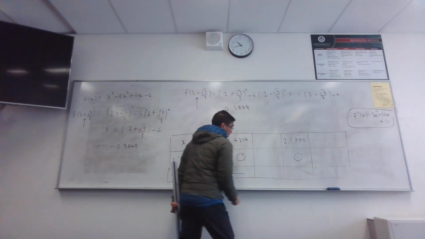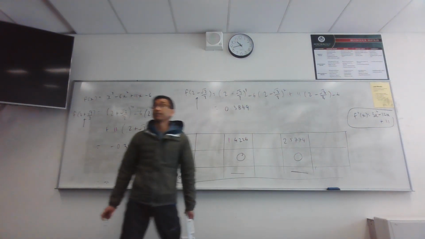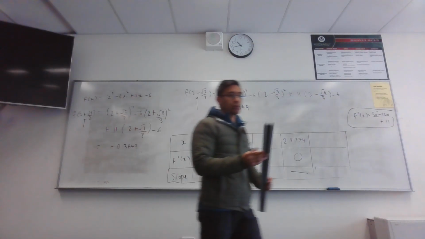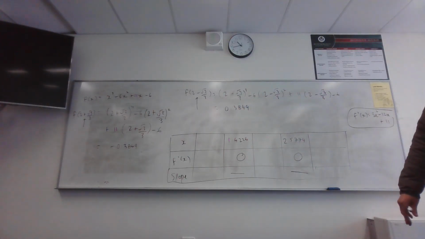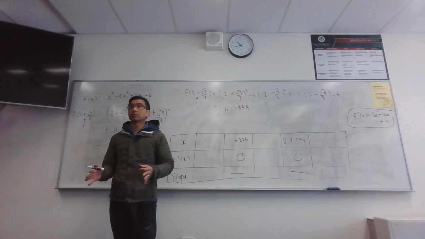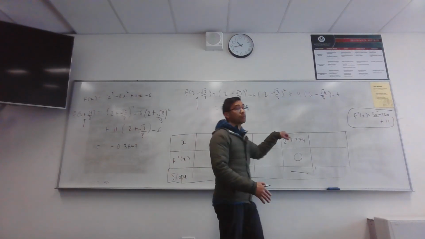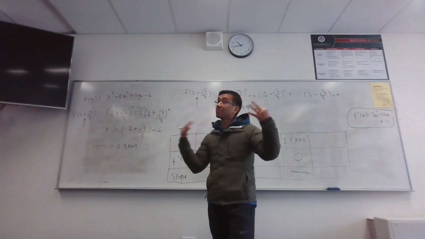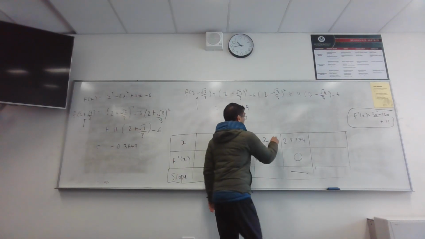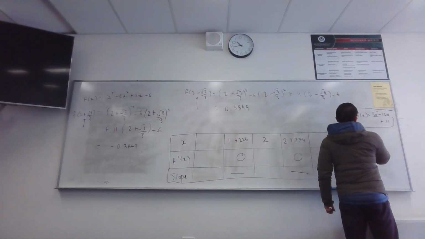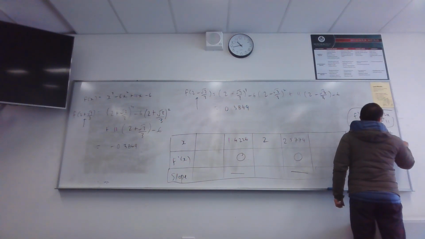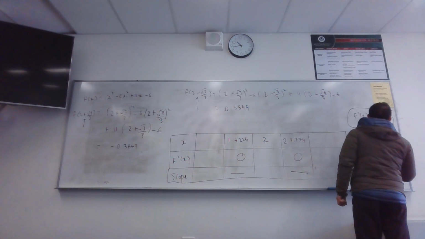So that's a 0 gradient and that's a 0 gradient. Now, we now need to choose some nice x values to find out what's happening in between. Okay, so if I have 1.4 and I have 2.5, what's a nice value in between that I can sub in? 2. So I'm going to go over here. I'm going to find out what is the 2 doing. And what does that equal to?